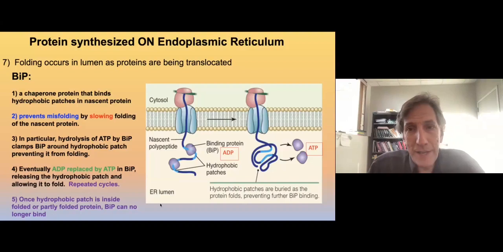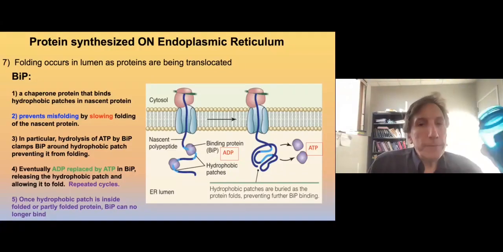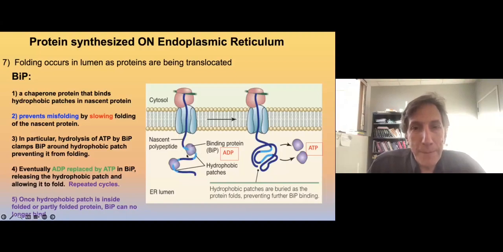Well, BiP is a protein that is bound to either ADP or ATP. And when it's bound to ATP, it can bind these hydrophobic patches in the protein, and ATP hydrolyzes when that happens, and you get a stable BiP-ADP complex.